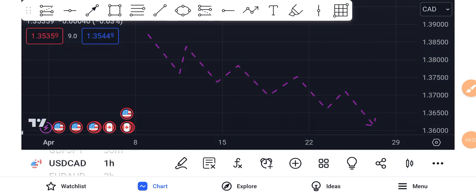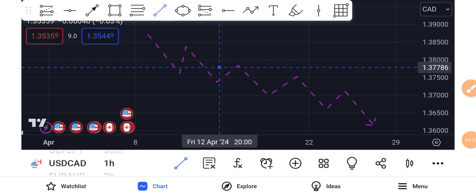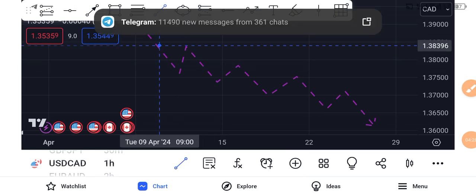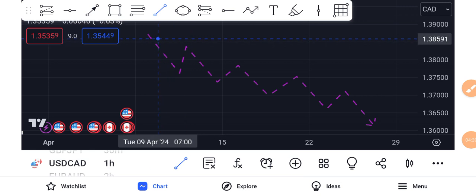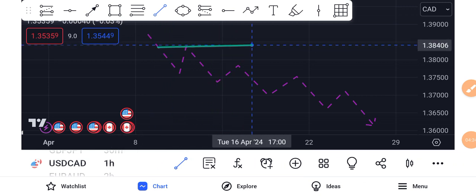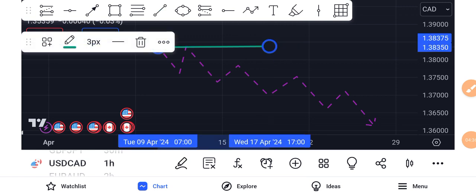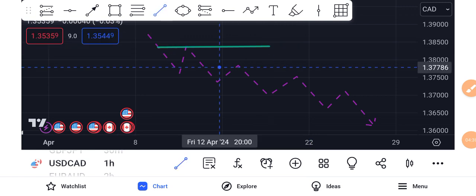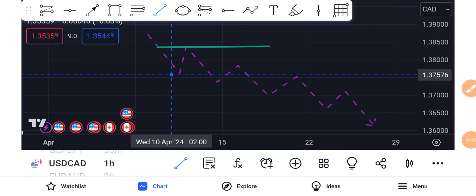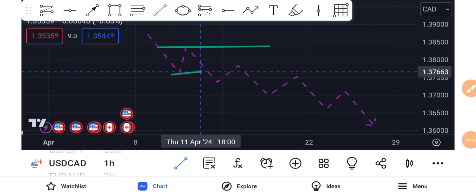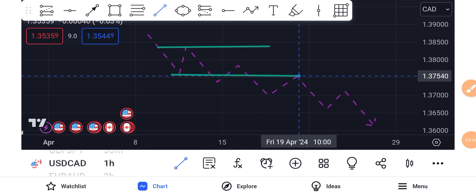Okay, guys, now you realize that above here is a resistance zone. And when the market got to a resistance, it bounced back and started dropping.